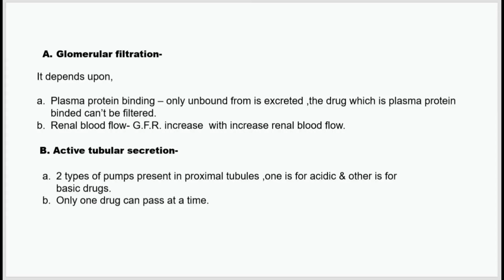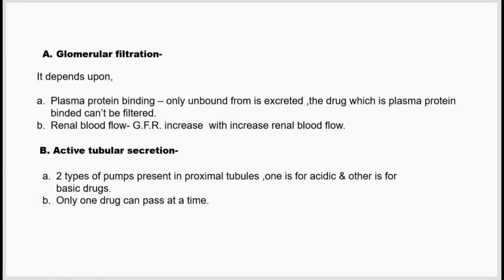B. Renal blood flow. Glomerular filtration rate increases with increased renal blood flow. Out of 25% of cardiac output, or 1.2 liters of blood per minute that goes to the kidney via the renal artery, only 10%, or 120 to 130 ml per minute, is filtered through the glomerulus.